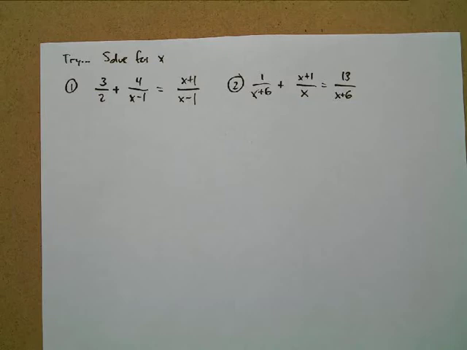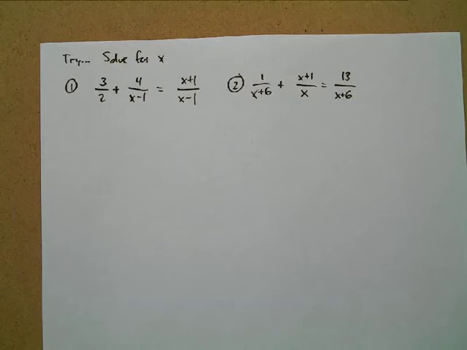Going okay over here, guys? So, you want to look at your denominators, right? So you see you have a 2 in this one, an x minus 1, and x plus 1 in that one. Actually, that one should be x minus 1 now. So, look at this denominator. This denominator does not have x minus 1.